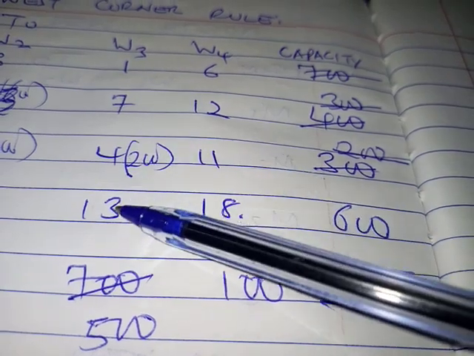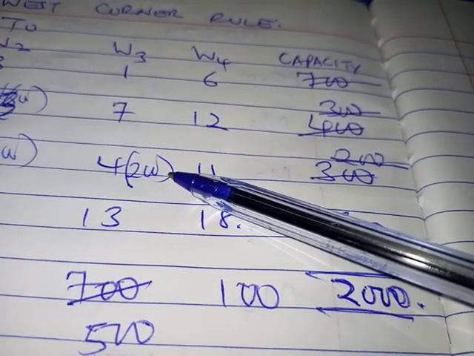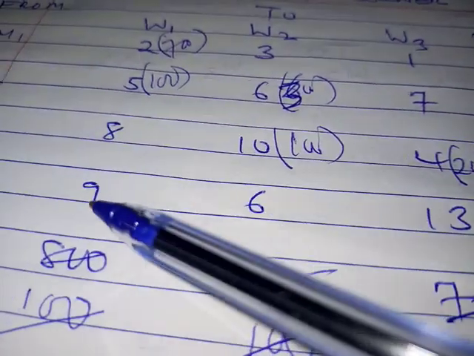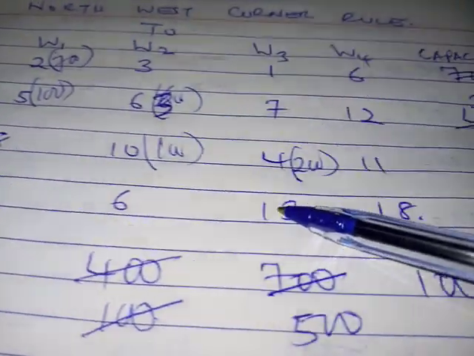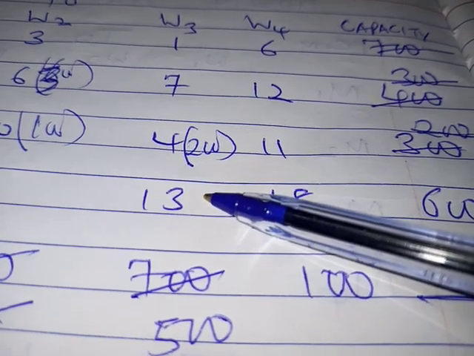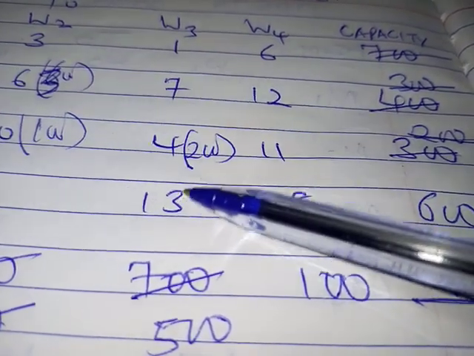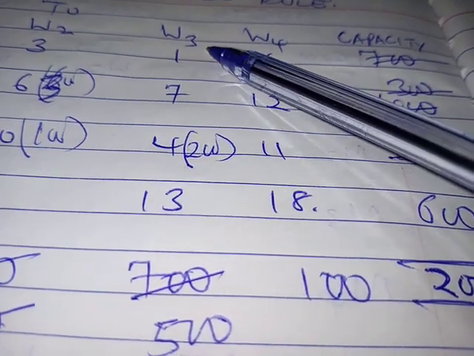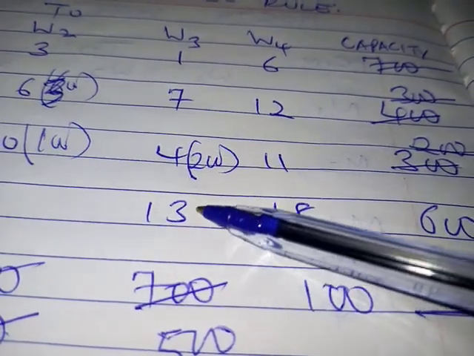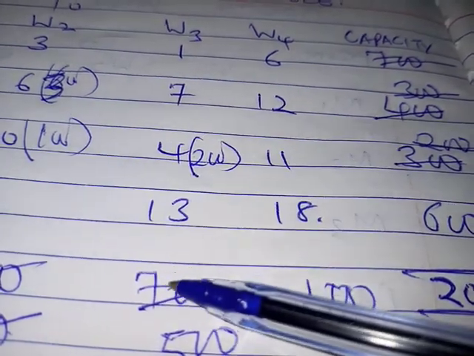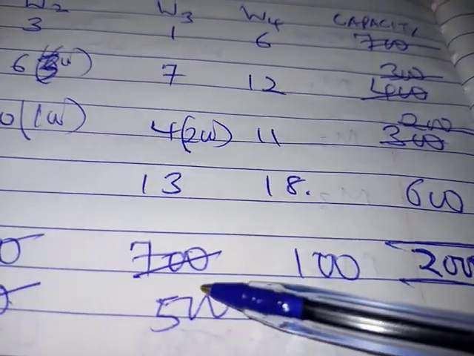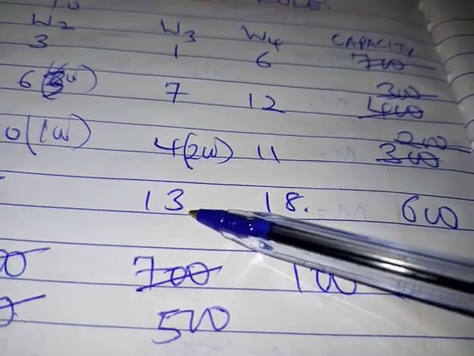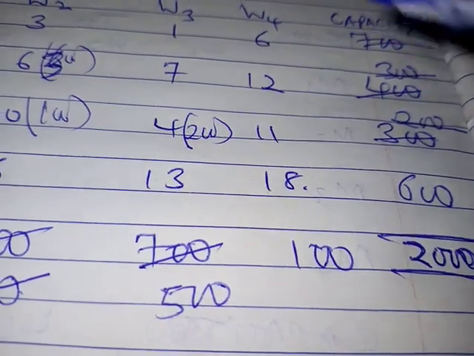We have assigned 200, but we still require 500 from M4 now. From M4 we require 500 so that we fill up the balance of 500 from 700. Therefore, we transport 500 units from M4 to W3.